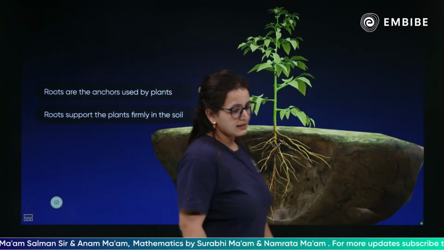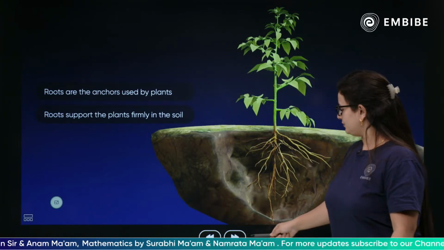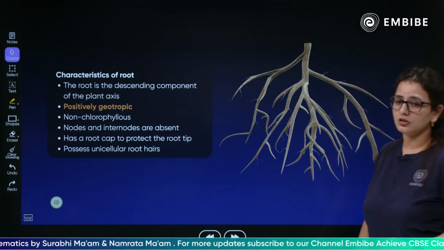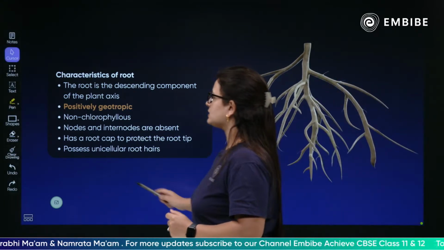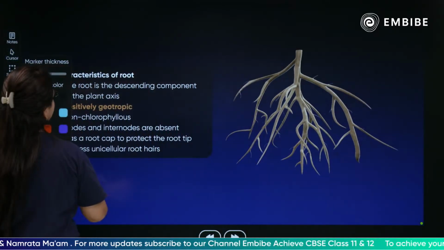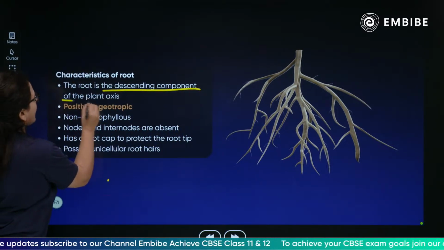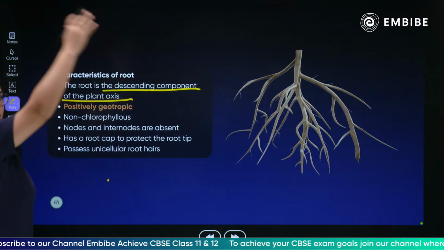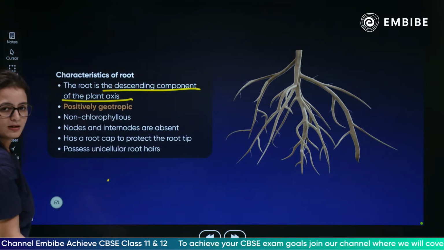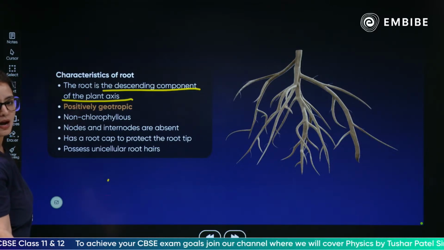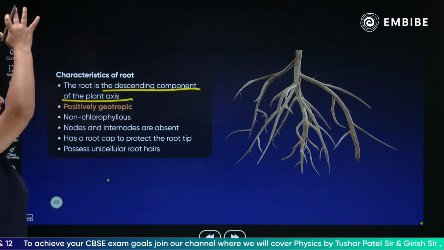Yes, so this is what we are talking about: the roots which support the plant firmly in the soil. Next, we talk more about the roots. What are the characteristics of the roots? The characteristic is that it is a descending component of the plant axis. From top to bottom, it is descending. The moment we reach the roots, we are at the end of the plant, and the stem is the ascending axis.